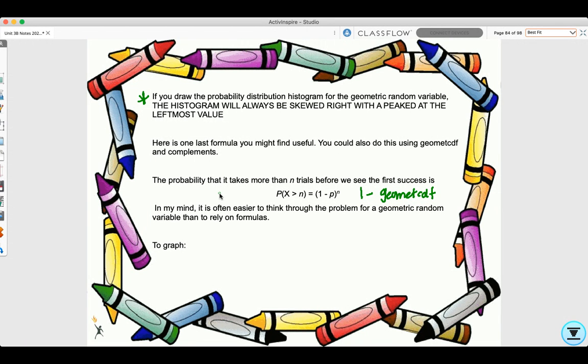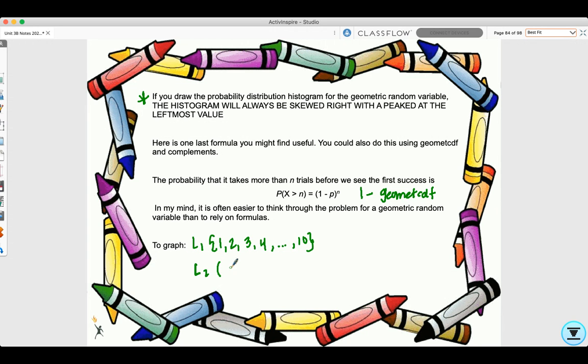So say I wanted it for like 10 trials. In list 1, you would list 1, 2, 3, 4, and you keep going down the list all the way to 10. In list 2, you would put what you do on your home screen for your calculator.